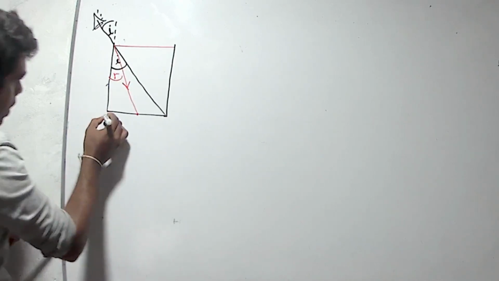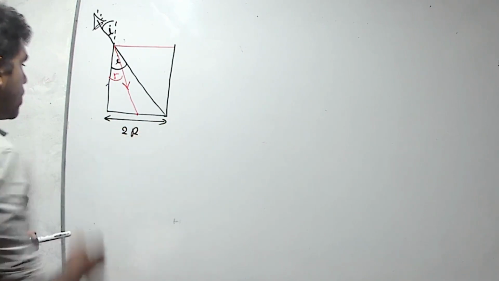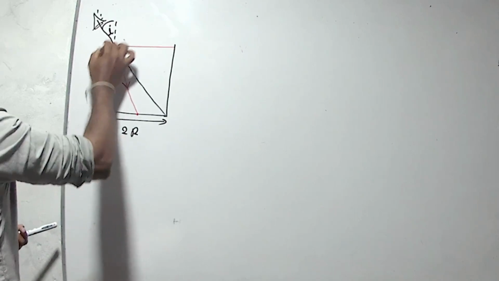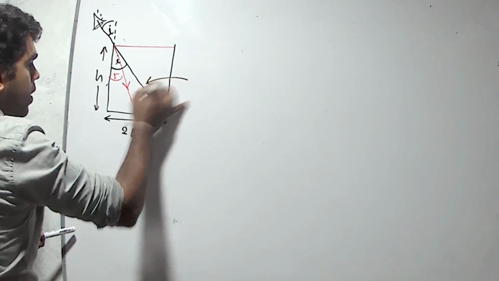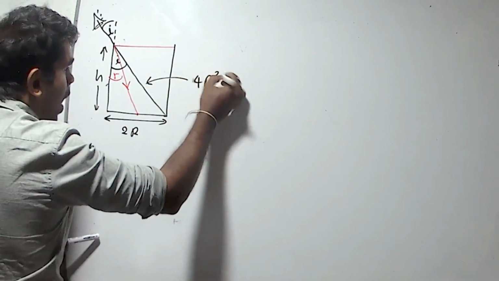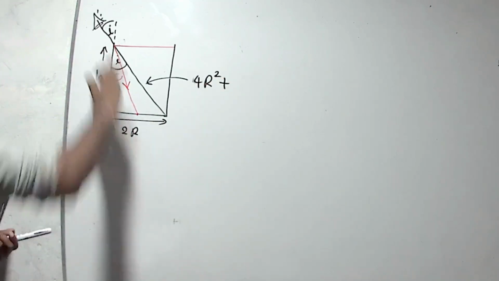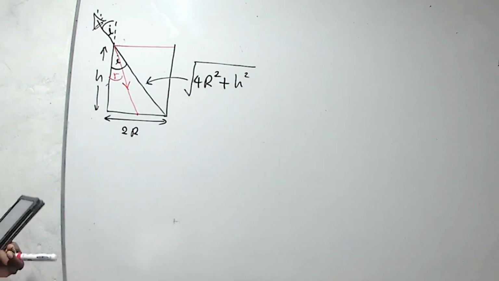Now we know the diameter of the vessel is 2r and the height of the vessel is h. Then we can get this length as the square root of (2r) squared, which means 4r squared, plus h squared, according to Pythagoras theorem.